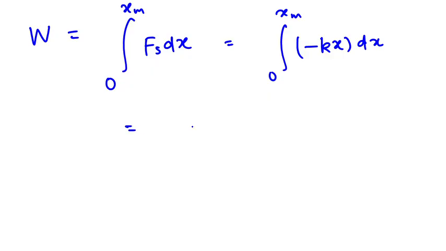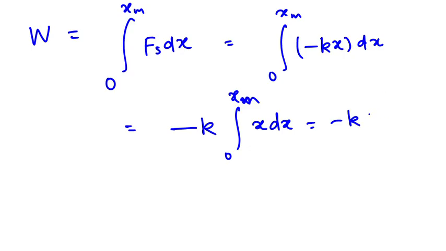Now, minus k is constant, so we can take it out of the integration sign, and from 0 to xm we will have x dx. If you have gone through the basics of integration, you can easily solve it.